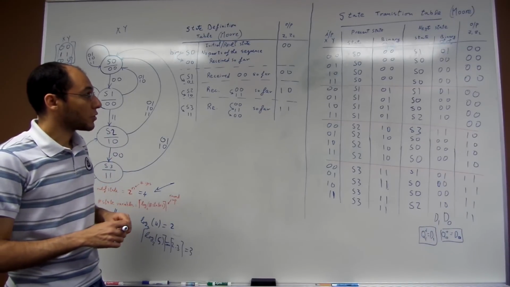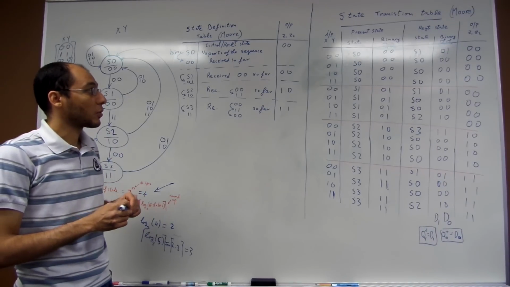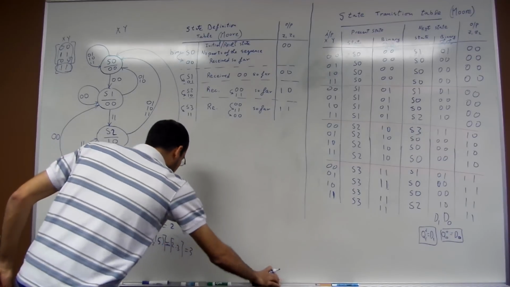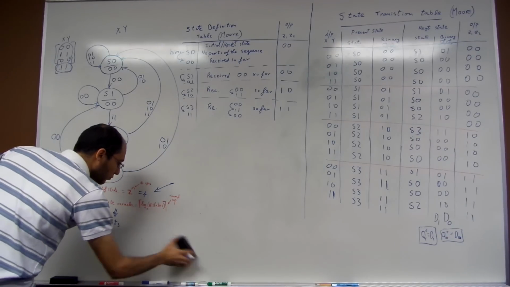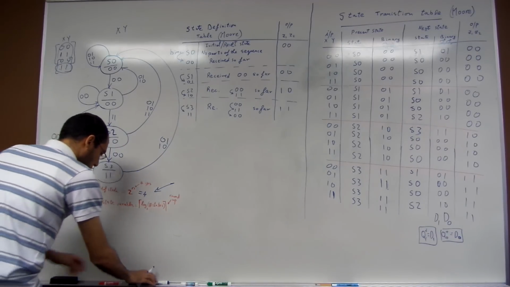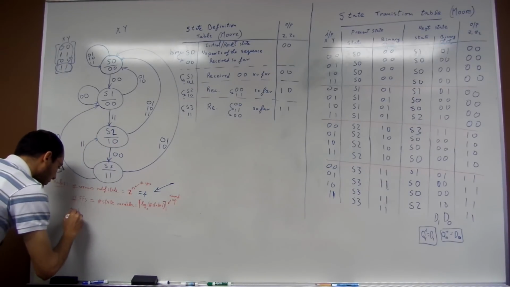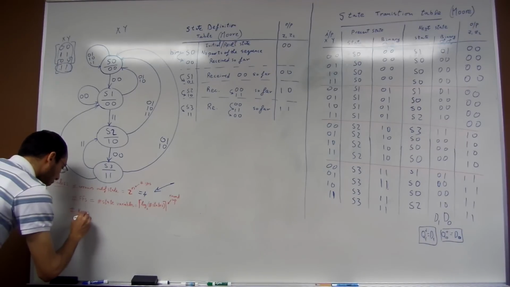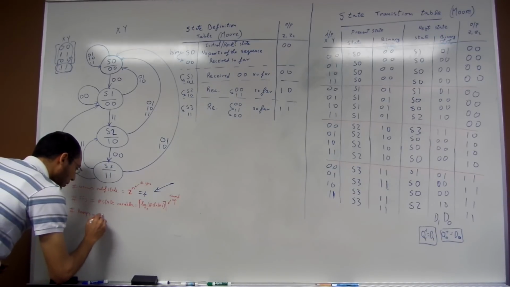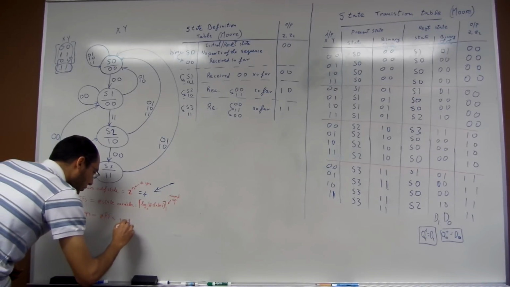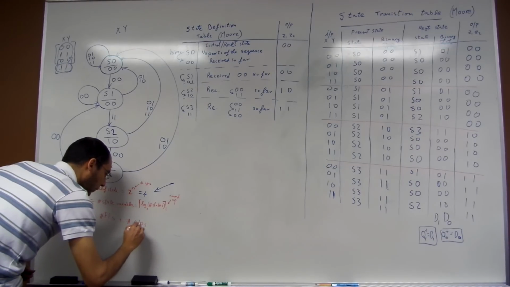Okay, so before I do the K-maps, I need to know how many K-maps I am going to do. Number of K-maps, okay, let's write down a rule here. Number of K-maps in the Moore machine and in the Mealy machine as well equals number of bits, number of flip-flops, plus number of outputs of the system.